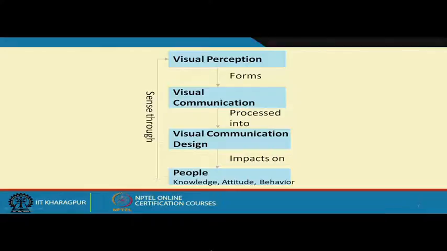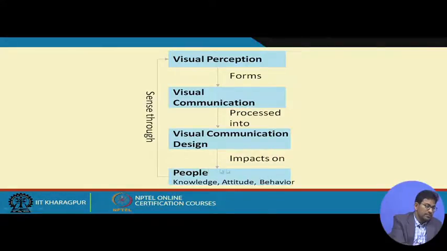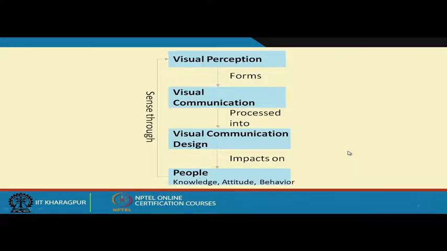So if we look at this, people are getting affected or they have an impact, and then again people sense the environment, sense the objects around them through visual communication. So this is a loop, this is a process which is happening all the time when we talk about visual perception and visual communication.